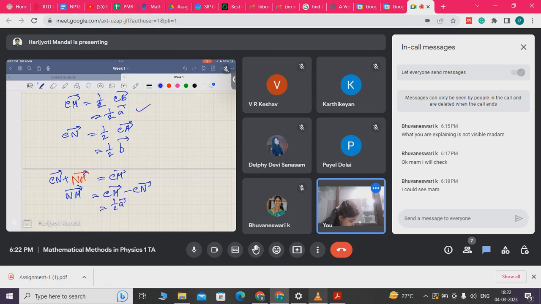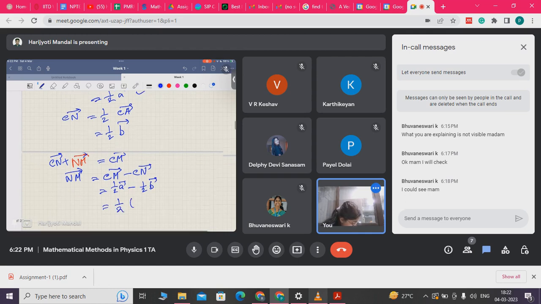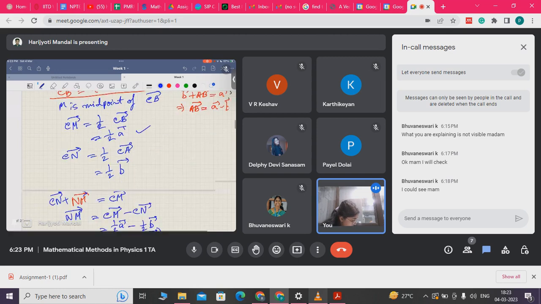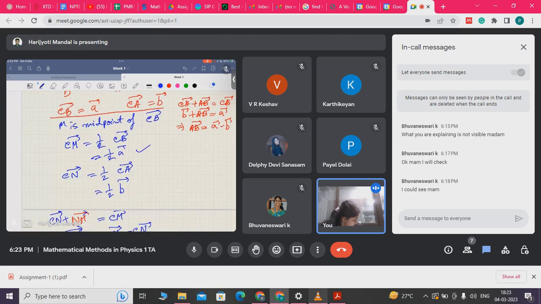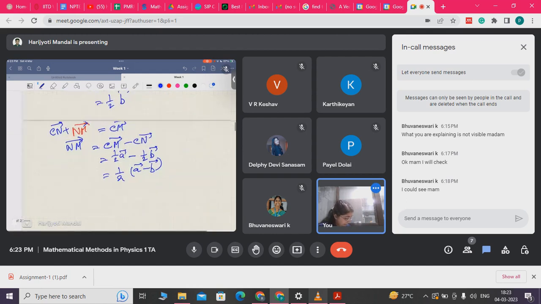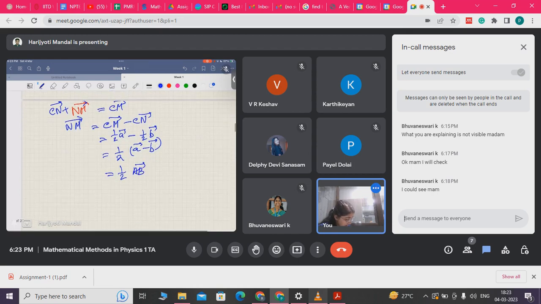CM is half of A, we have already produced that, and CN is half of B, so half can be taken out as common, A minus B, and we have already extracted that AB is equal to A minus B, so half of AB.